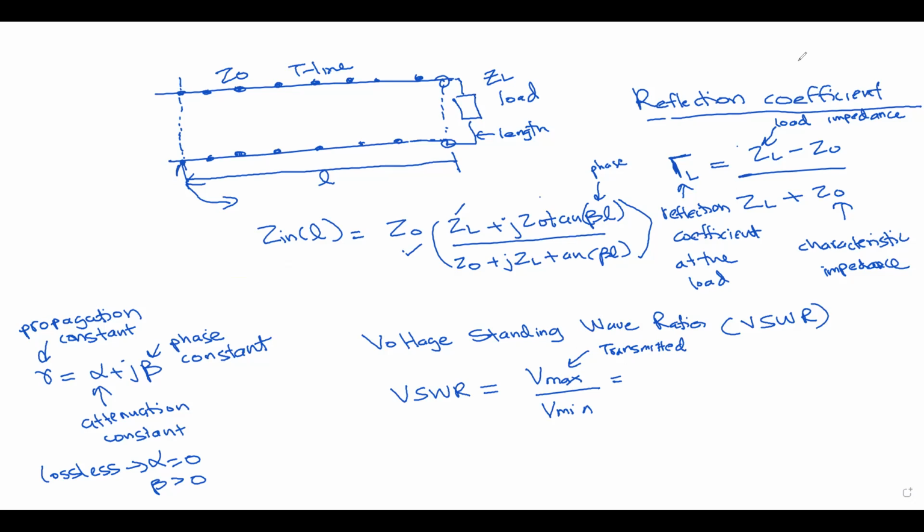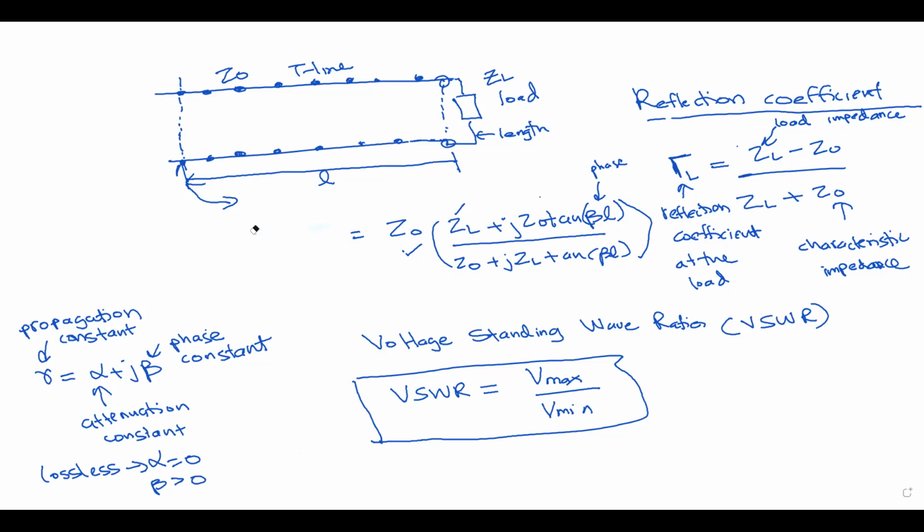No, so actually this is the ratio between the voltage maximum and minimum that you observe in the transmission line once you observe a standing wave in the line. So I will explain that.